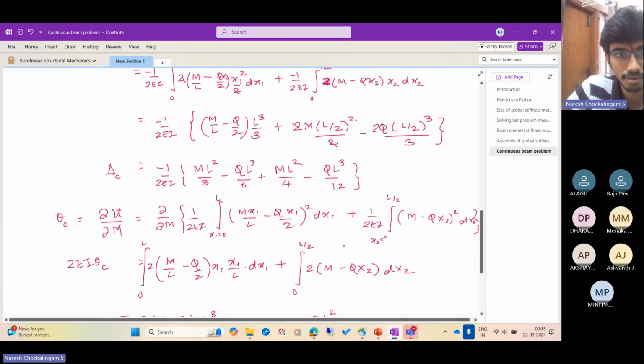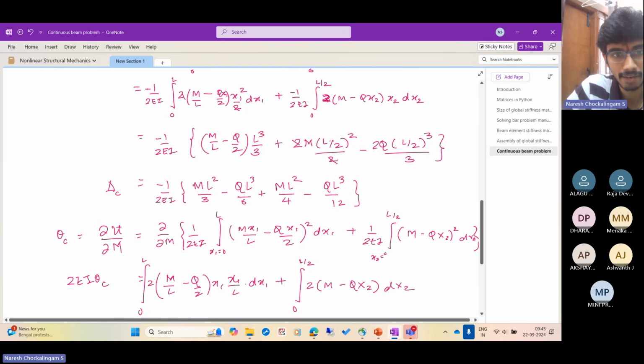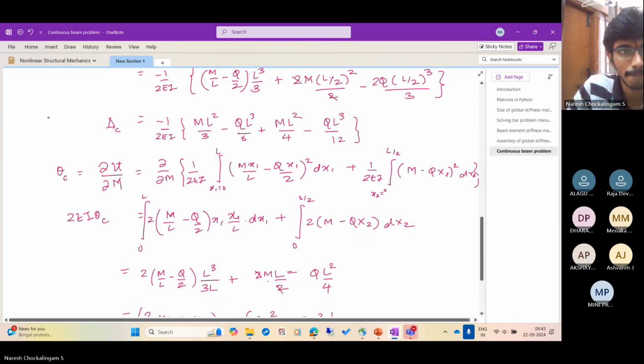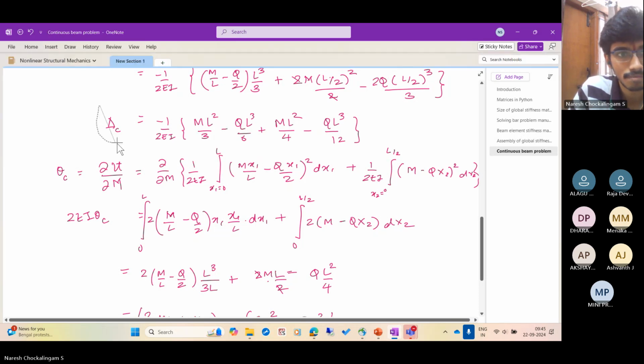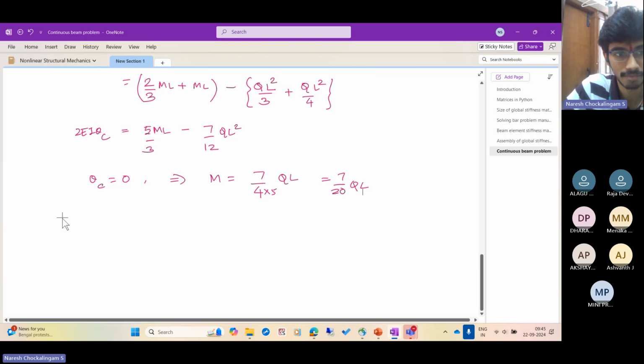So substitute this into this equation. Wherever you have m, it is 7 by 20 QL. So delta C is equal to, let me copy this. I hope I'm right, there shouldn't be any mistake.